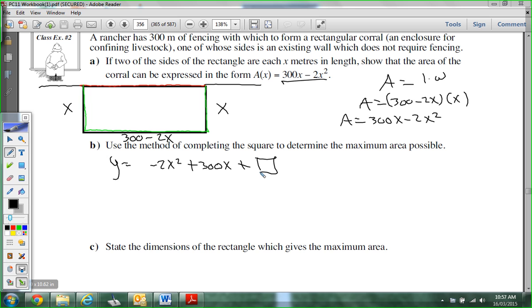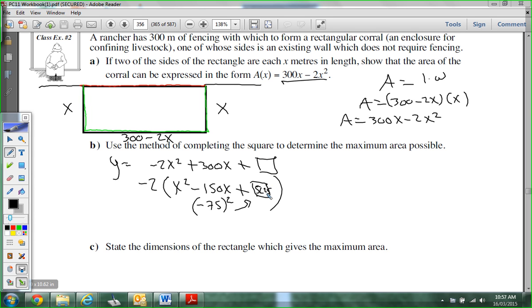Okay, what do you want to do first? Melissa, what do you want to do first here? Good, take the negative 2 out. Okay, good. And what do you think now, Evan? Okay, good. Square that, and that is 5625.